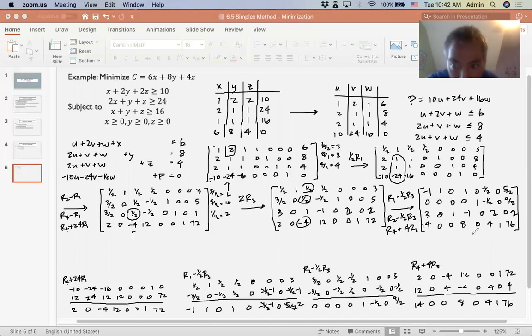So a negative 1 here and a 2 there. Same thing here: this should have been a negative 1, and this should have been a 4.